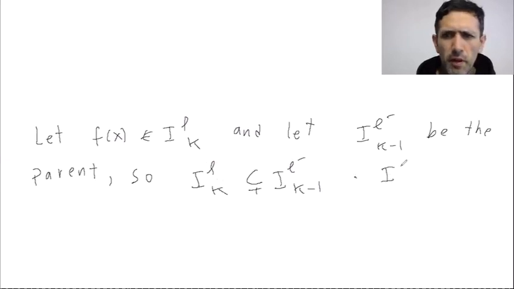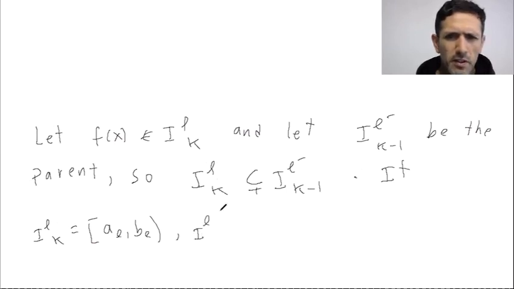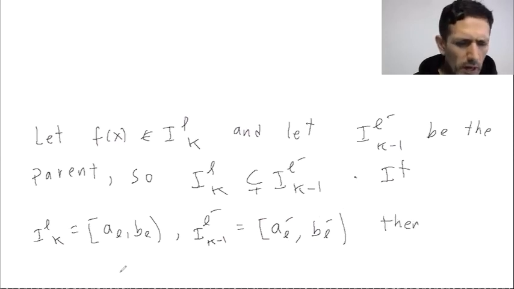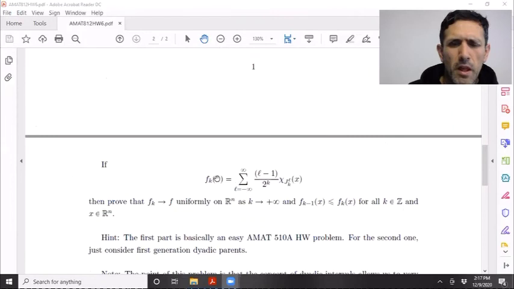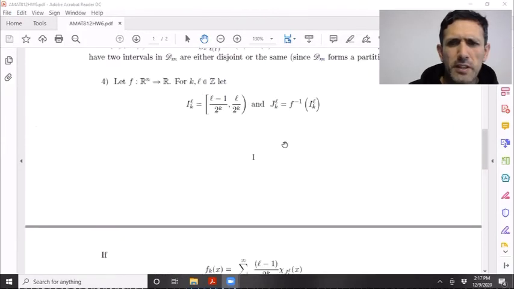So if I_L^k is [a_L, b_L], I don't really care what these are at this point, and if this is [a_L', b_L'], for lack of anything better to call it, then the little notation-saving fact here is that if f of x is in this interval, then fk of x is just the left endpoint of this interval. That's all this means here.